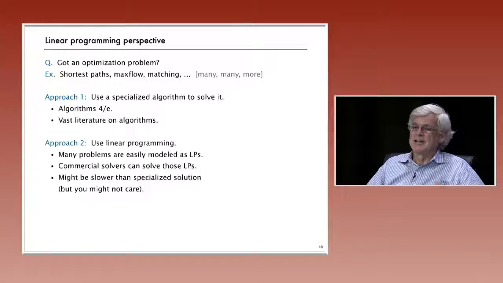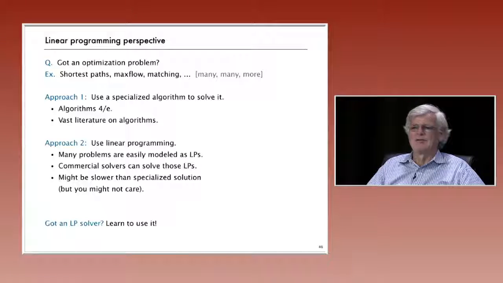But if things start to get complicated, it's really a good idea to think about using linear programming, because it's often easy to model your problem as a linear program, and you can solve it with a commercial solver or, if it's a small one, a readily available solver. It might take a little longer than your specialized solution if you had one, but you might not care and you might not have one. And the idea is, it really is a good idea to learn to use an LP solver.